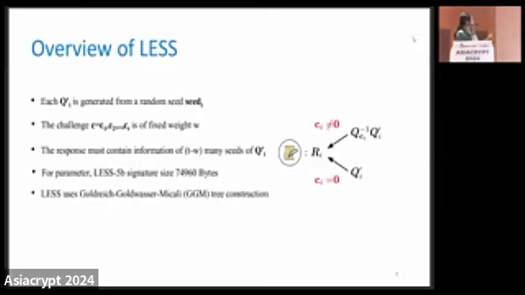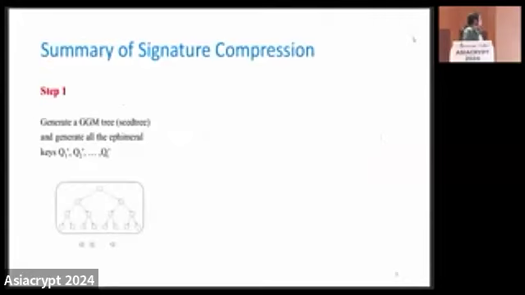For this reason, LESS uses the GGM tree construction to reduce the signature size. After using this GGM tree construction, it compresses the signature size by as much as 57%. First, the signer generates the ephemeral keys using the GGM construction, and we call this the seed tree.